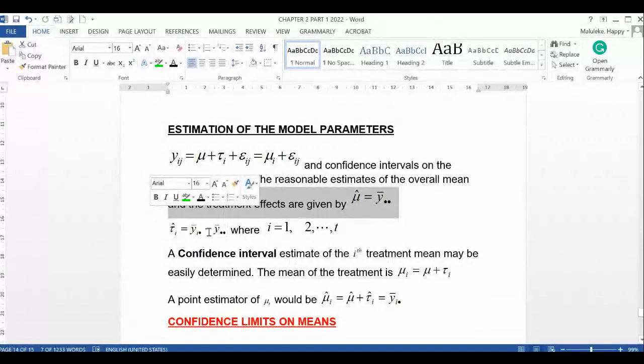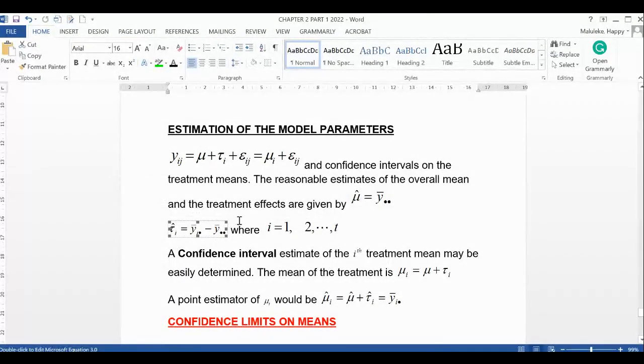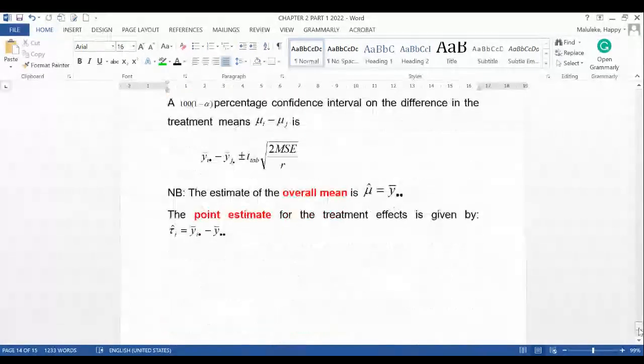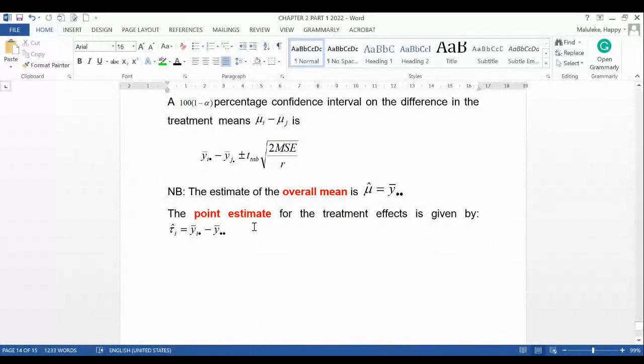So if you check here, I explained where you will use this formula, right? The tau I. And now we are moving to, again, I can ask you to find the point estimates. The point estimate is given by this formula here.